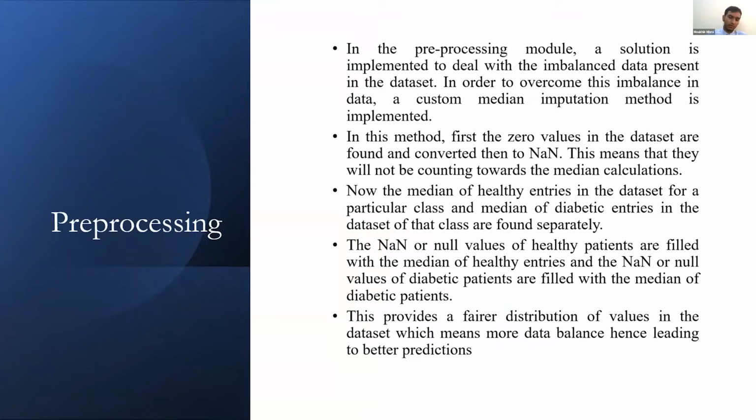Then we calculated the median based on whether the patient is healthy or diabetic to get a general overview. Now, since we have this new median value, we have replaced the not a number values with the calculated median values based on healthy and diabetic patients. This allows us to deal with the outliers and gives us a better distribution of the data as well.